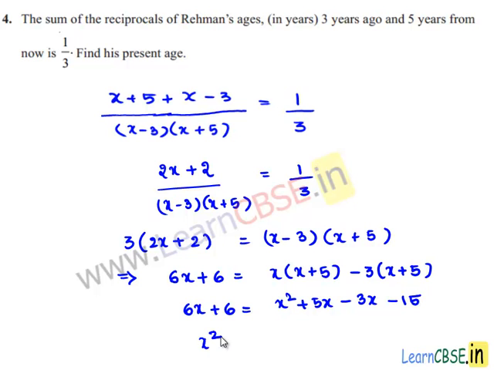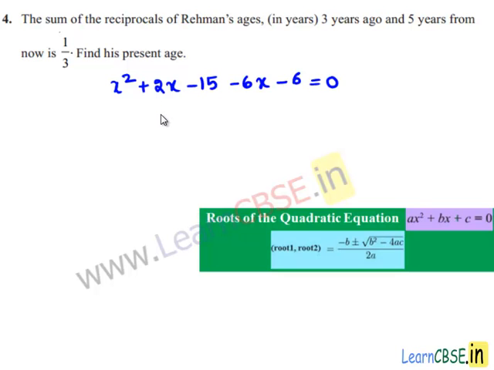So x square, 5x and 3x, plus 2x minus 15 minus 6x minus 6 is equal to 0. So this becomes x square minus 4x minus 21 is equal to 0.